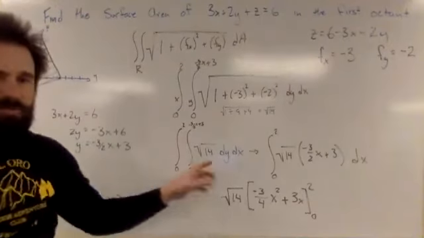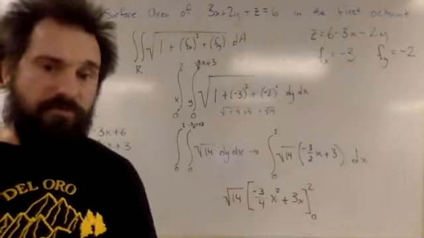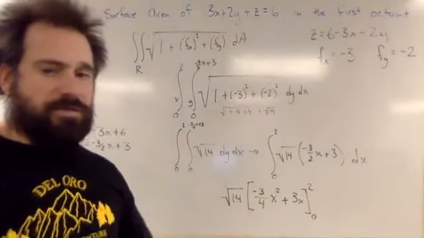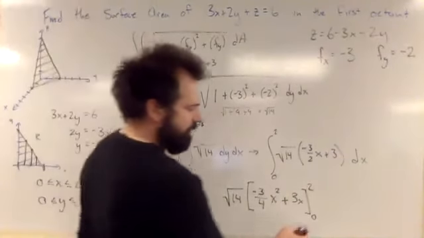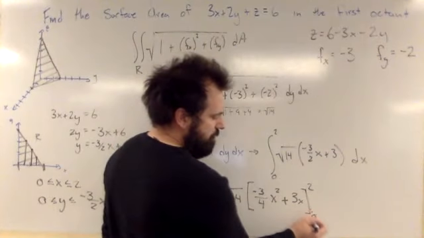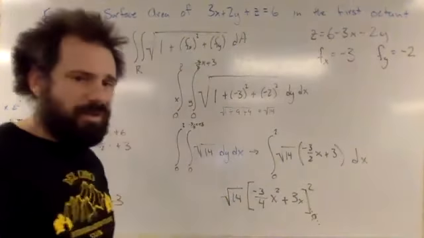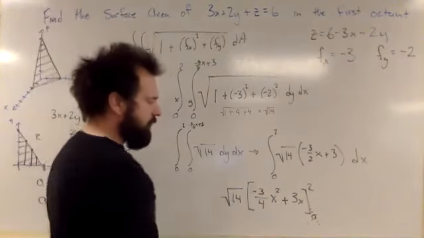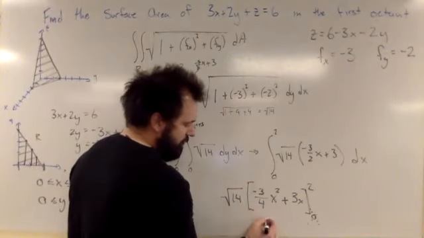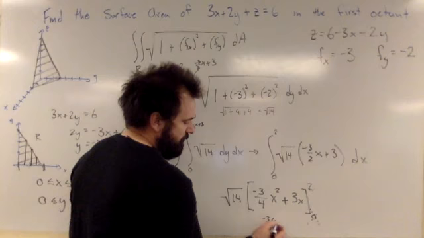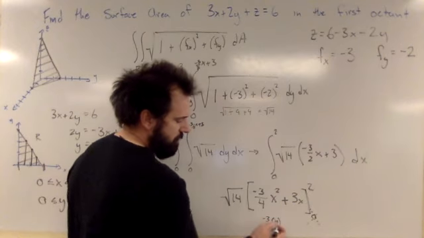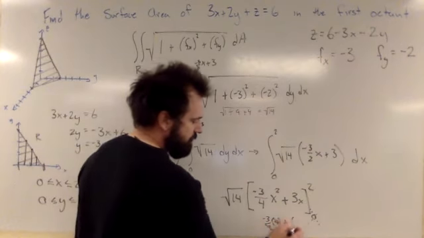Same as the last one when I did y: when I plug a 0 in, everything has an x in it, so the 0 cancels everything out. I don't really need to worry about this one. All I really care about is what happens when I plug in 2. So this is going to be negative 3/4 times 4, which gives me negative 3, plus 6.